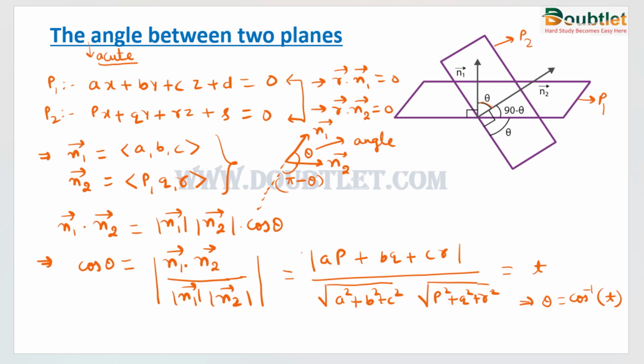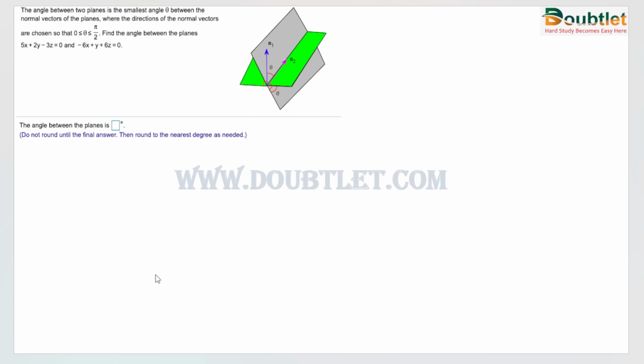Now based on this concept, we are going to solve an example so that the concept can be clarified. There are two planes, and we have to find the angle between them, and that value should lie between 0 and pi by 2, meaning we have to find the acute angle between the planes. The equation is given, so let's rewrite it.